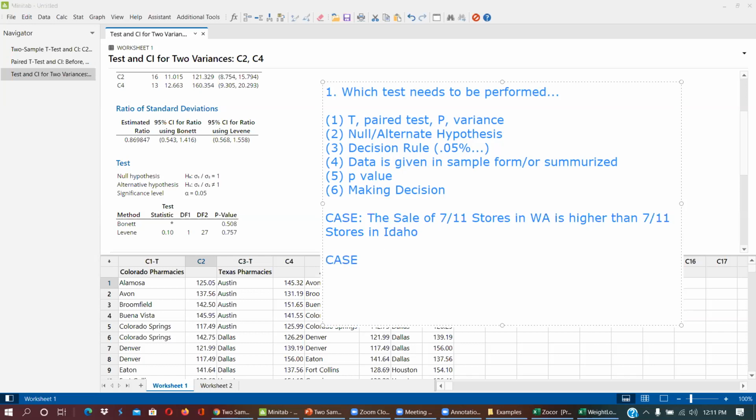Similarly, you can do a case of the salary of IT employees, particularly software developers, because there is a wide range of employees, in the Seattle area and Silicon Valley.